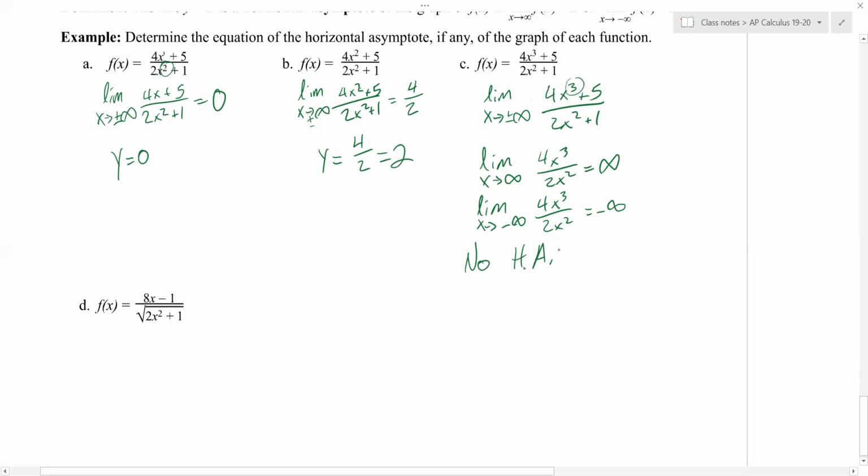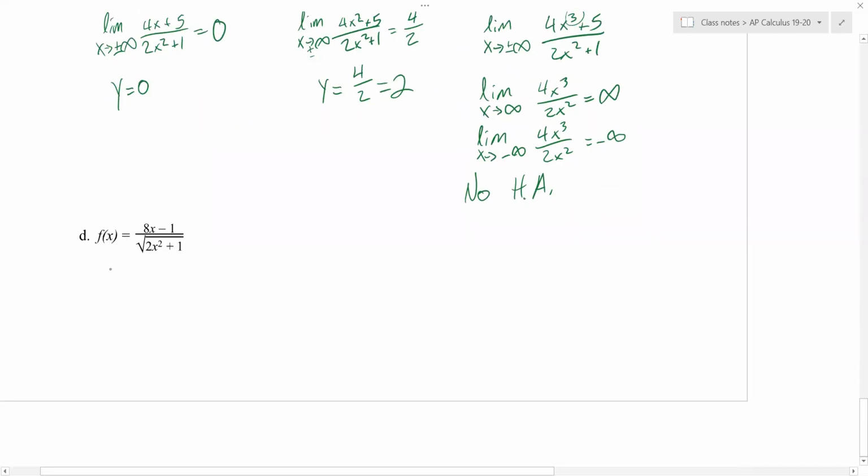Let's look at this last example. So we want the limit as x approaches infinity of 8x minus 1 over the square root of 2x squared plus 1. We're going to cross out our constant terms. We get the limit as x approaches infinity of 8x over the square root of 2x squared.